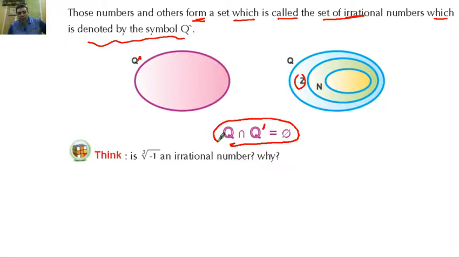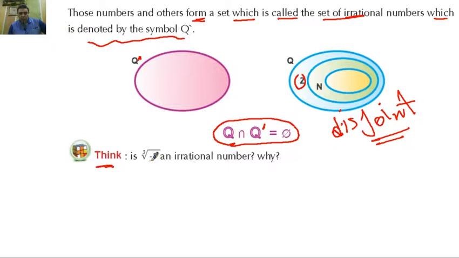We can't find a common number between Q and Q dash. So Q and Q dash are disjoint sets. Disjoint sets means there is no intersection between them.